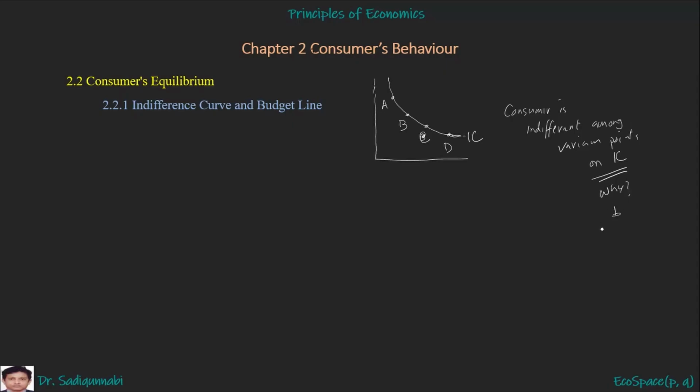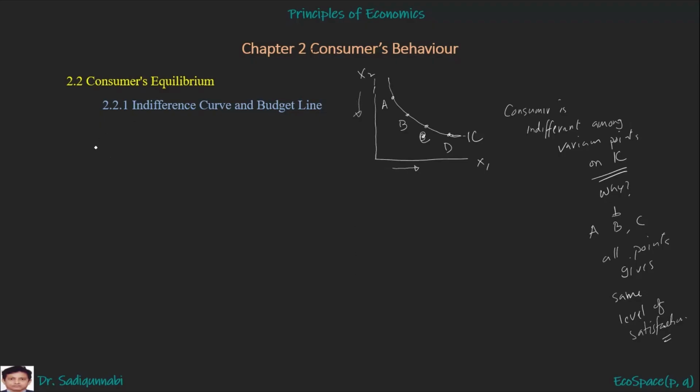Because A, B, C, all points give the same level of satisfaction. Why? Because if you want to increase the consumption of x1, you have to decrease the consumption of good x2.